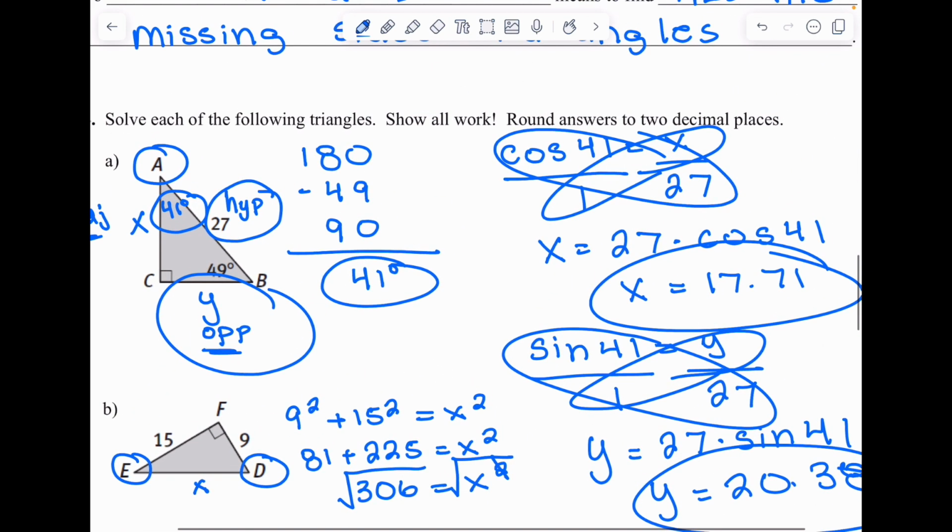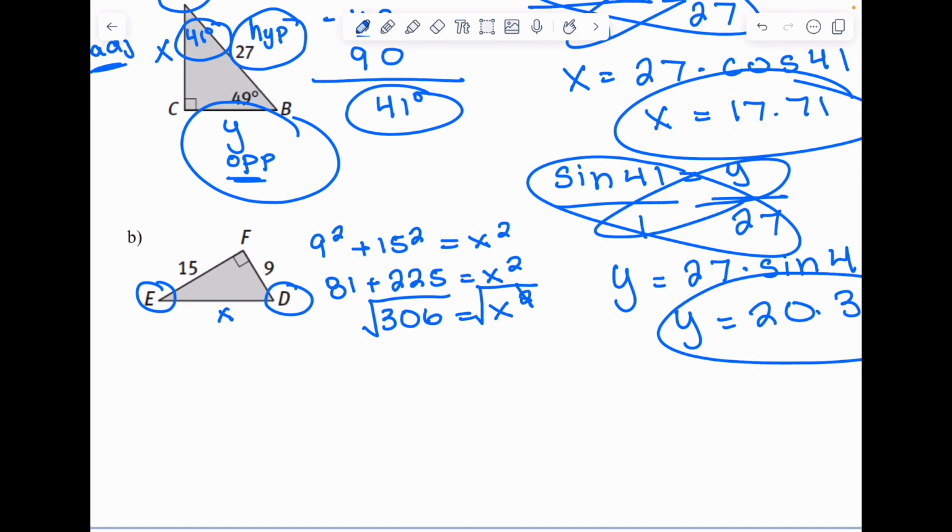If you notice in the directions, do you see how it says round your answers? Whenever you see the word round, that means you can just use a calculator. That means you don't have to simplify your radical. You can just plug that into your calculator. And so this tells me that x is equal to 17.49.